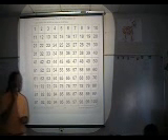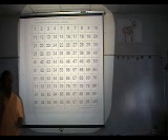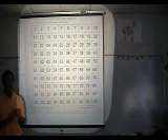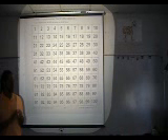Now, the rule for 1 says all numbers are divisible by 1, okay? The rule for 2. What's the rule for 2? If the last number ends in 0, 2, 4, 6, or 8, it's divisible by 2.